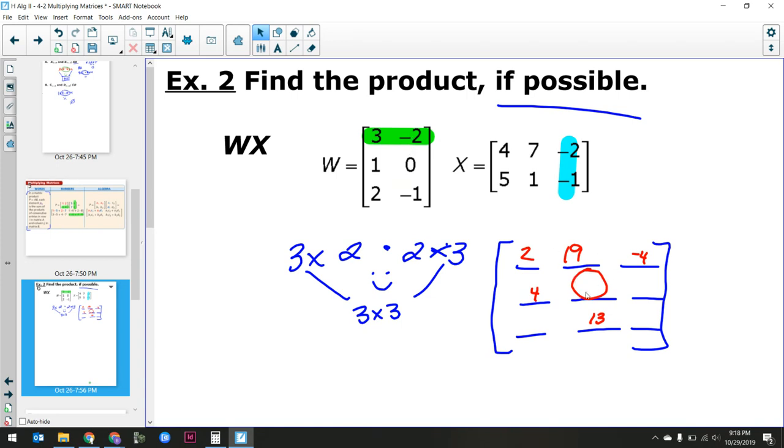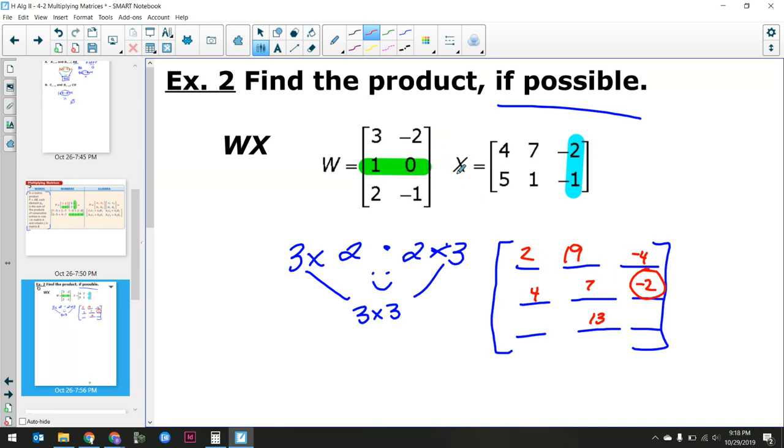Okay, this is row 2, column 2. 7 and, ooh, I like when there's a 0. 7 plus 0 is 7. This guy is row 2, column 3: negative 2 plus 0, negative 2.